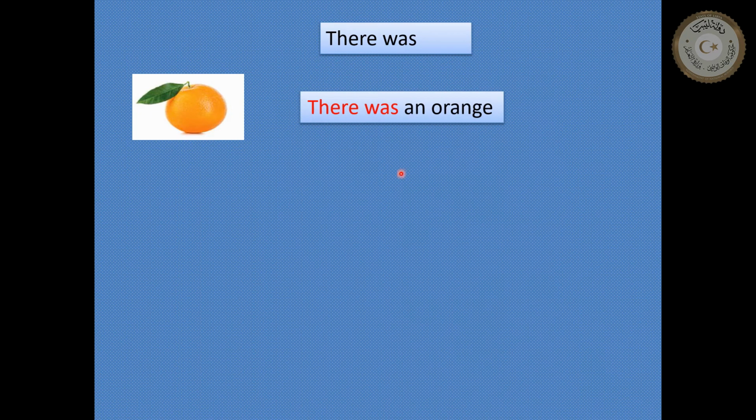Okay, ready? So now we are going to write a sentence. Start with there was. I have a question. Do you still remember the things which we have only one of? So we have 1 orange. Excellent. So the sentence is there was 1 orange, or there was an orange. Good. Now another one. What do we have? Sandwich. Good. So how can we write a sentence?